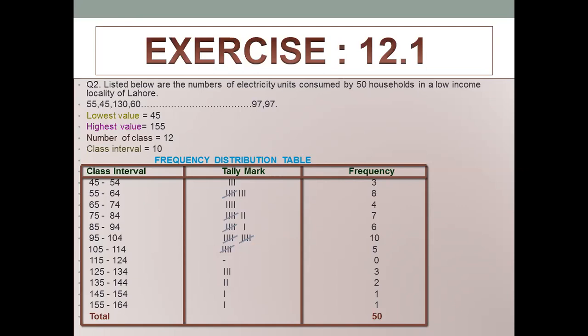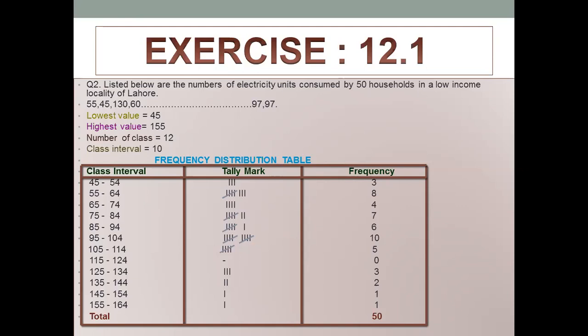Then 7, 6, 10, 5, and for 125 to 134, there is no number in the data. So instead of a tally we write a dash here, and in the frequency you put 0. If you don't want to write 0, you can also put a dash there. 0 means no values there.